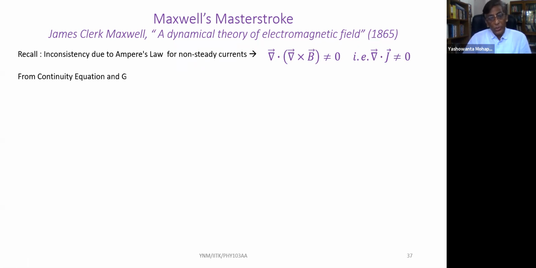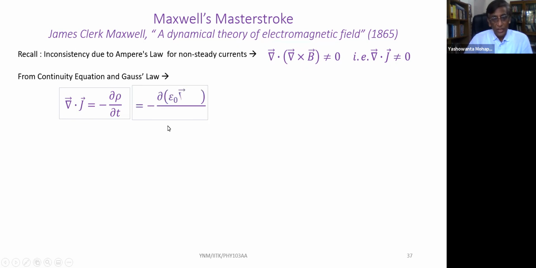So from the continuity equation and Gauss's law, we can always write down that divergence of J is minus del rho by del t. And I can now write rho from Gauss's law as epsilon naught divergence of E. Hence I can take the del out, so divergence of J equals minus divergence of epsilon naught del E by del t.